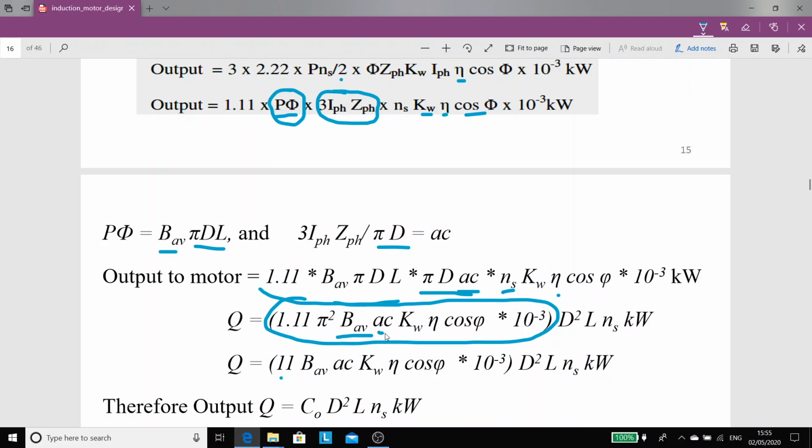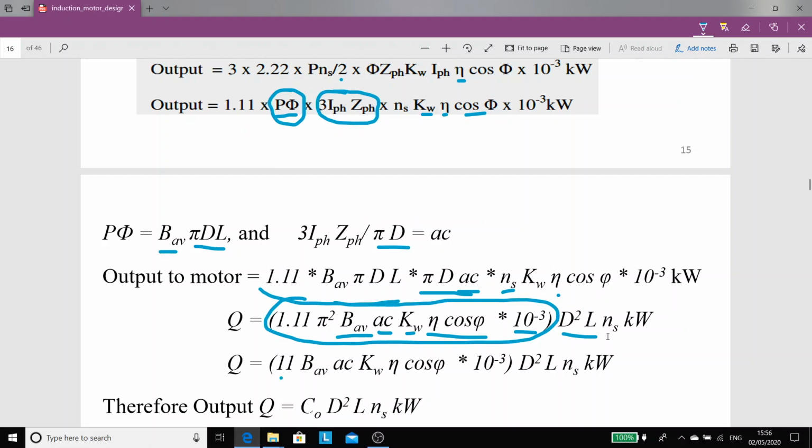Then AC, the specific electric loading, winding factor, efficiency and power factor, for which we already assumed certain values initially, then 10 raised to minus 3. Then this D and L are the main dimensions. So it means if we select the same value of specific electric loading and magnetic loading, then for that value, the product of this D square L remains the same.